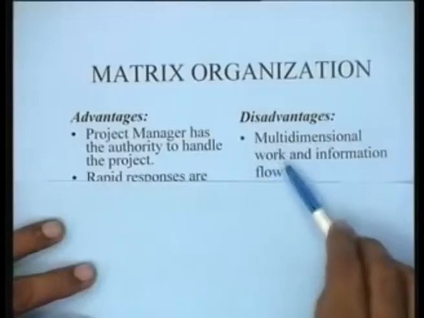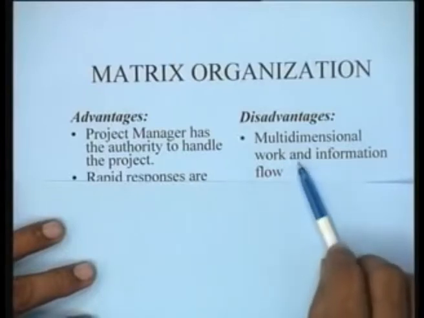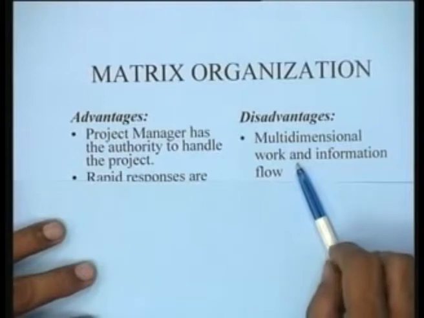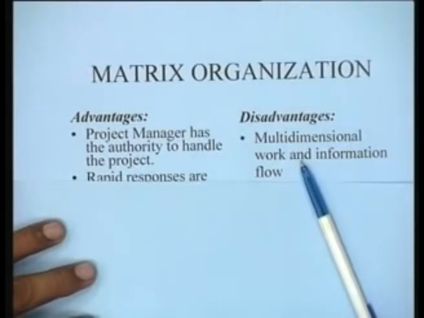Now, the major disadvantage: multi-dimensional work and information flow. What does this mean, multi-dimensional work? For instance, take the example of Engineers India Limited again. An engineer who is working on a particular project is working simultaneously on 2 or 3 projects.